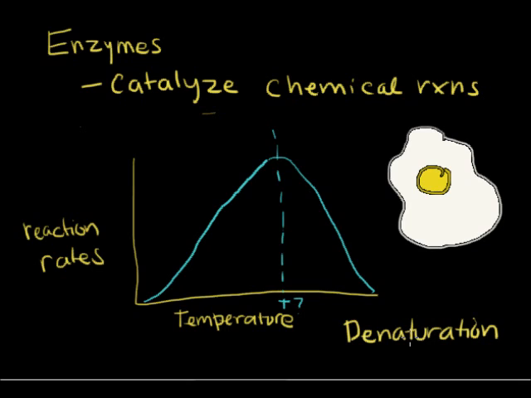And basically, again, you remember structure is really important for function and for the protein properties. So if it loses that structure, its properties are going to change, and it's going to lose its function. So again, that's why when you cook this egg, all these proteins are being denatured.